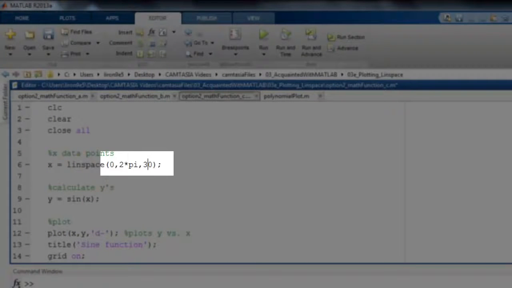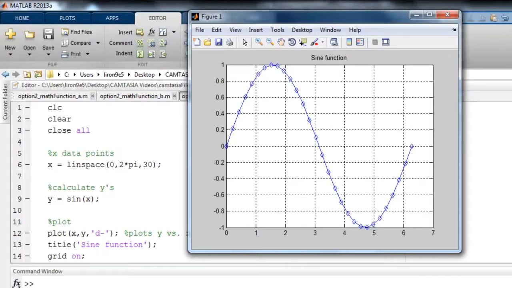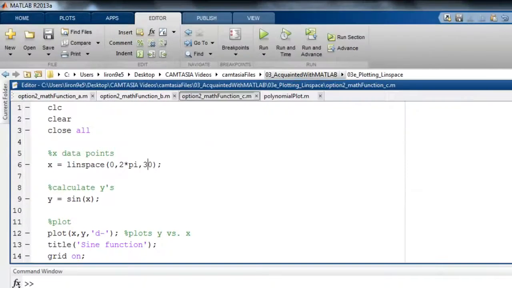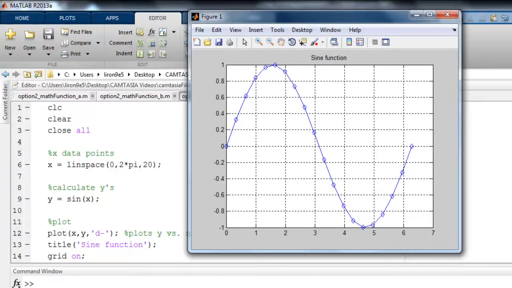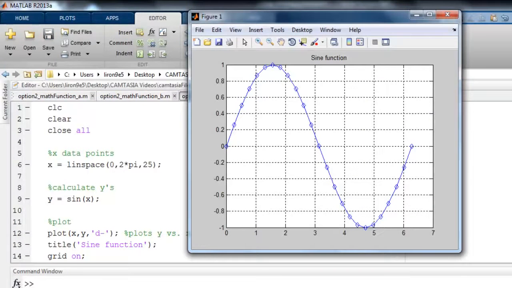Notice how easy it is to change. 30 still looks smooth, maybe 20. At this point, if you look at the bottom here, it's definitely not smooth anymore. So 20 is too small, maybe 25. That seems accurate.